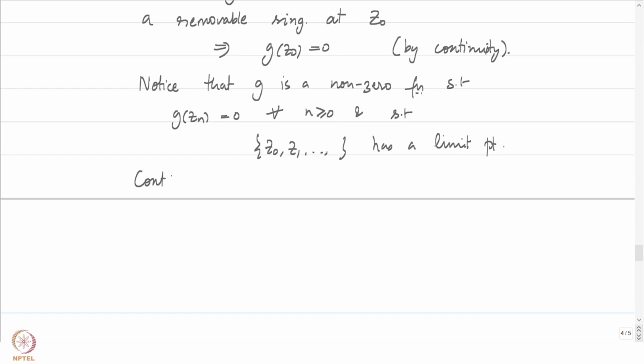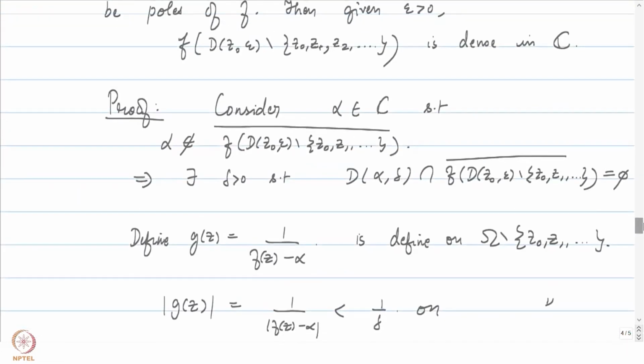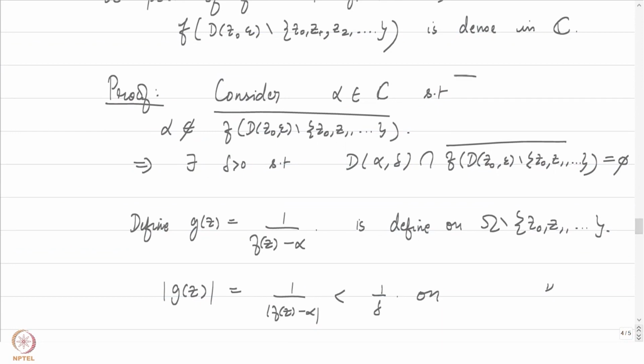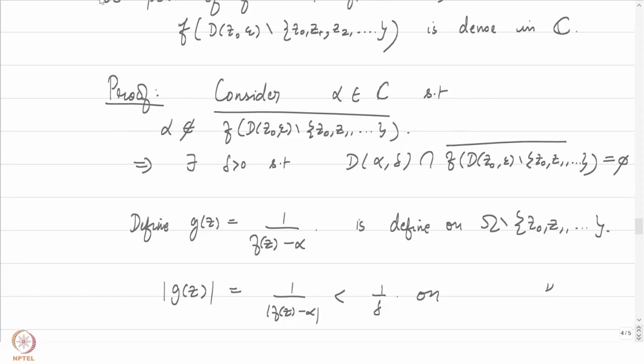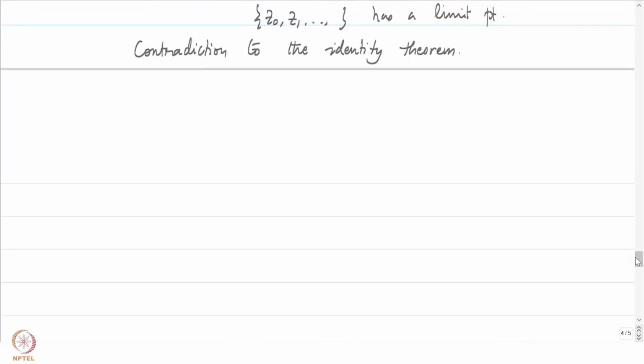Let me just write that it's a contradiction to the identity theorem. Notice how strongly all these theorems are being used. So all this happened because we considered some alpha which satisfied this condition, which we hence conclude cannot happen. Hence, there does not exist such an alpha. That means that the image is going to be dense.